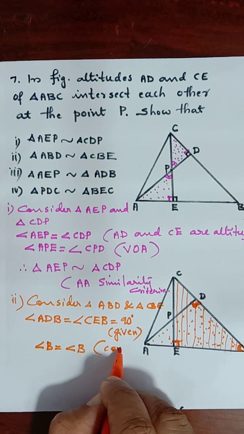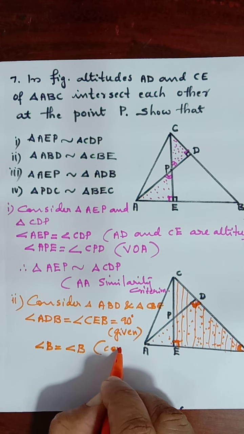Third part of the question, we have to prove triangle AEP, the green dotted one, similar to triangle ADB, this orange striped one. These two are similar, we have to prove. Two corresponding angles we have to find out. Very simple. AEP is the small one, for which you find this as 90 degrees. So here angle AEP is 90.